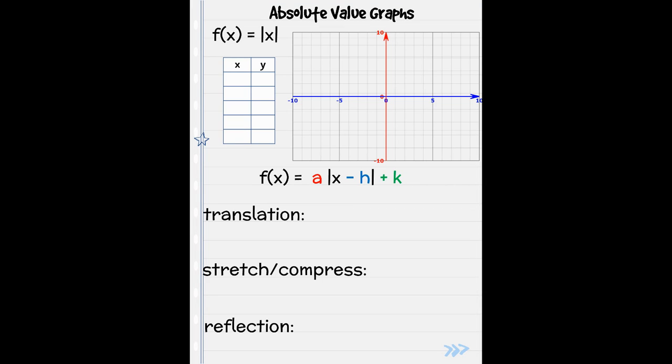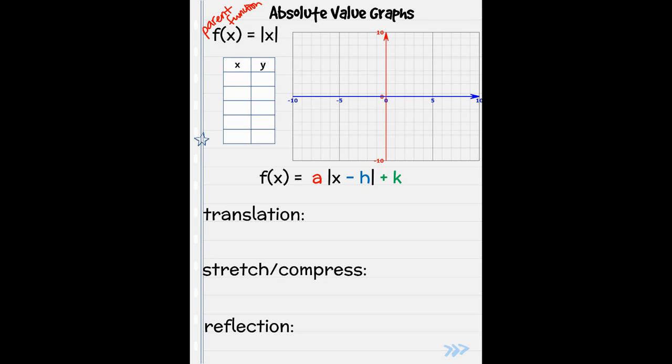Right, guys, now that we have looked at our absolute value graphs and their attributes, let's look at how we're going to actually graph them on our coordinate plane. So this f of x equals the absolute value of x. This is what we call our parent function.